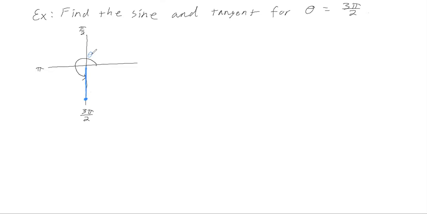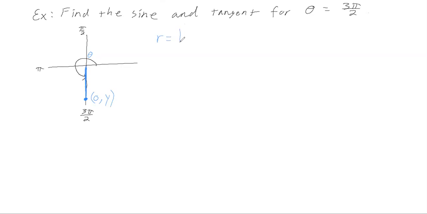All right, so what do I have as an ordered pair right here? Well, my x value's got to be 0 if it's on the y-axis. Then I have some y value, right? What is this r value right here? What would it be in this case?